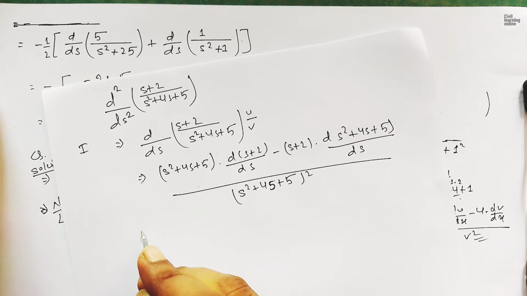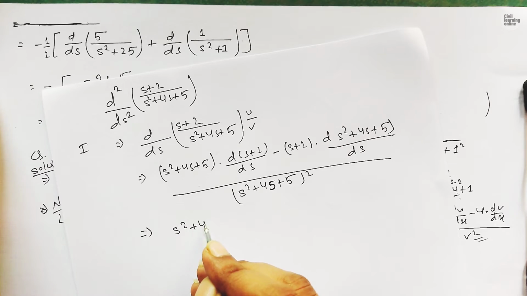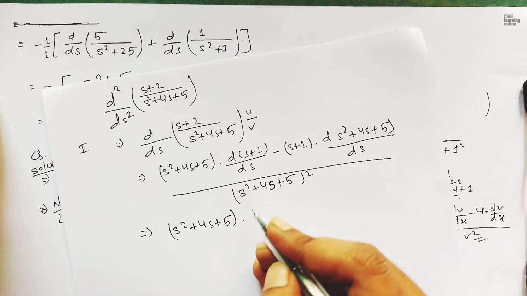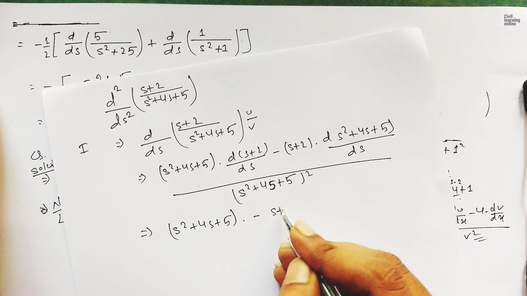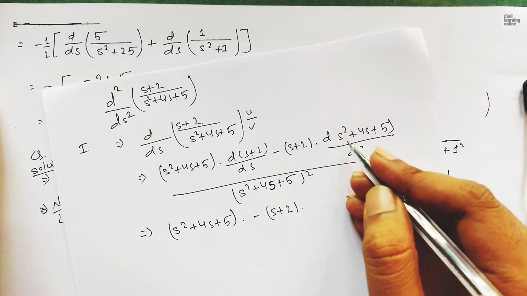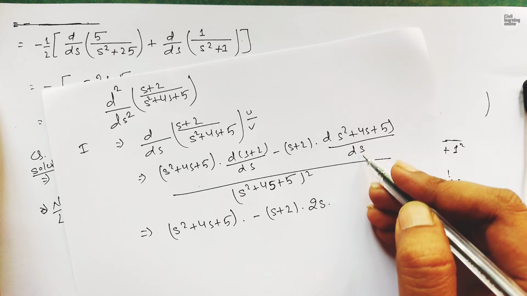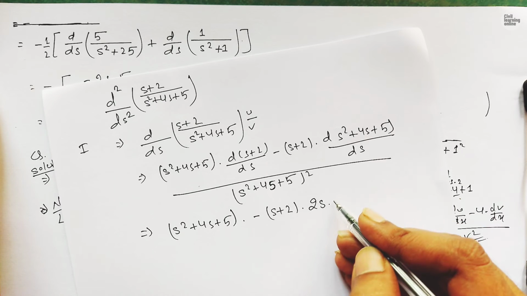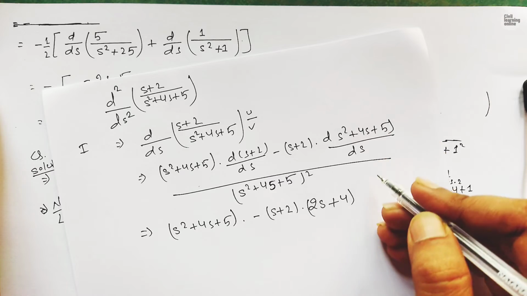Now on doing the derivative, we will have s square plus 4s plus 5 times the derivative of s, which is 1, plus 0, so 1, minus s plus 2 times the derivative of s square, which is 2s, plus the derivative of 4s, which is 4, and the derivative of 5 is 0.